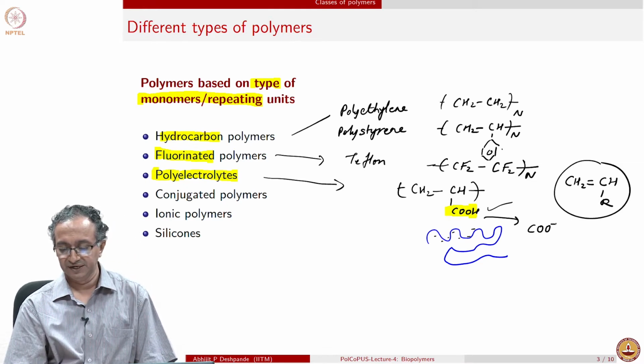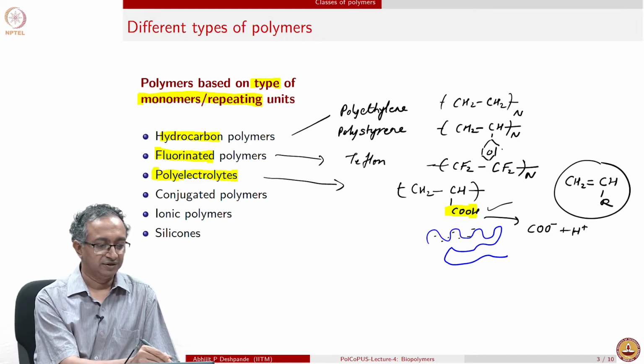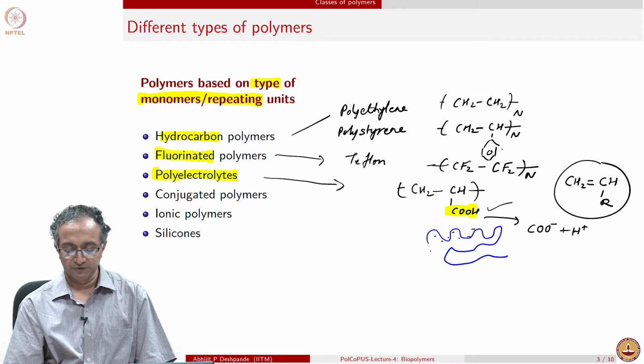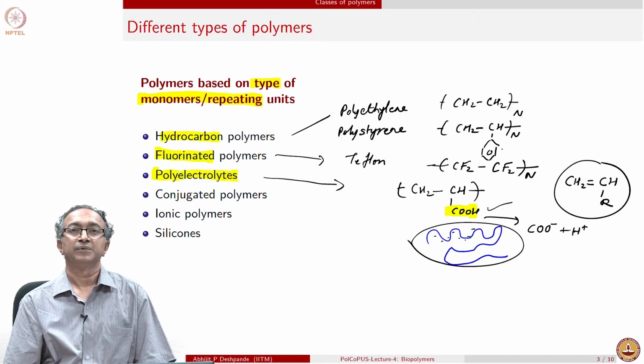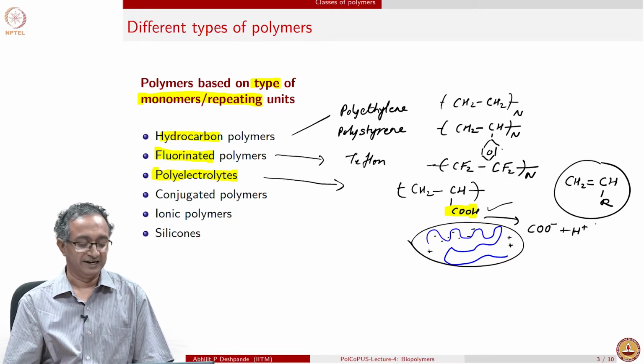So whenever we put this species in water, we will have water molecules surrounding, negative ions on the polymer chain, and then positive counter ions, which are nothing but protons. So this is an example of a polyelectrolyte.